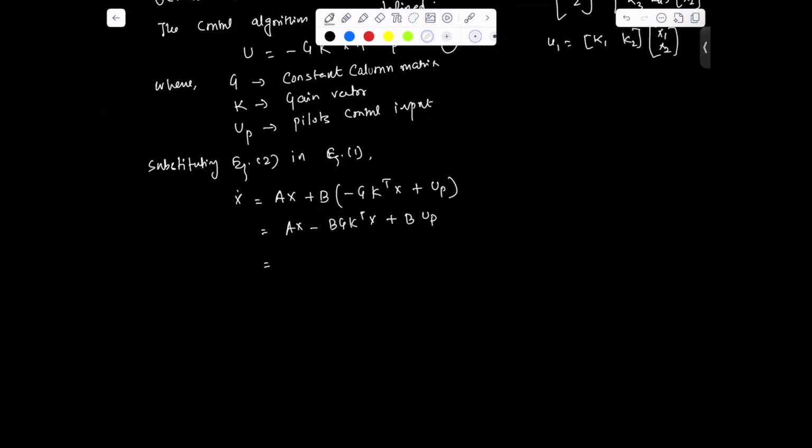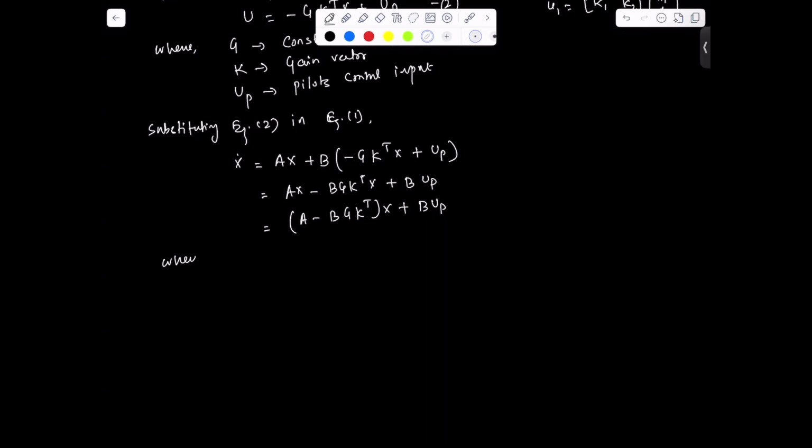From this we have the augmented matrix A minus B G K transpose into x plus B up. Here we can write A_CL, the closed loop system matrix, as A minus B G K transpose. So the equation is x dot equals A_CL x plus B up.